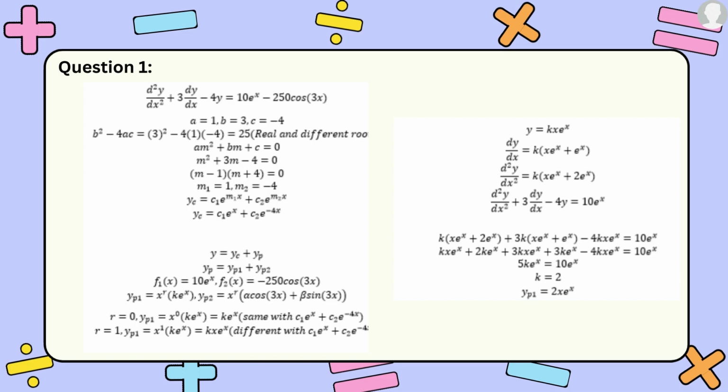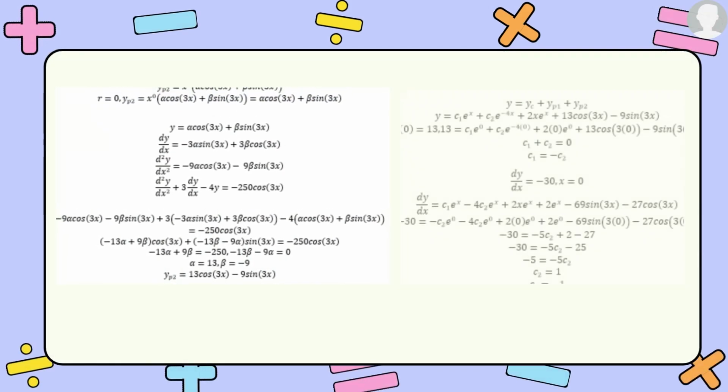After we substitute, we will find k, and k is equal to 2. So we take the equation y equals k x e^x, substitute k with 2, so we will get yp1 equals 2x e^x.